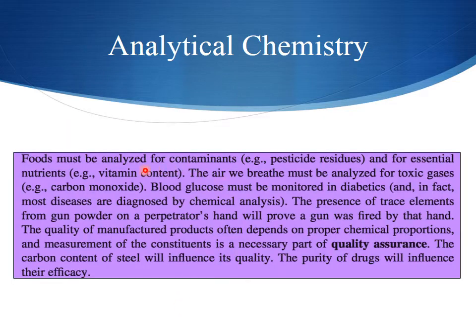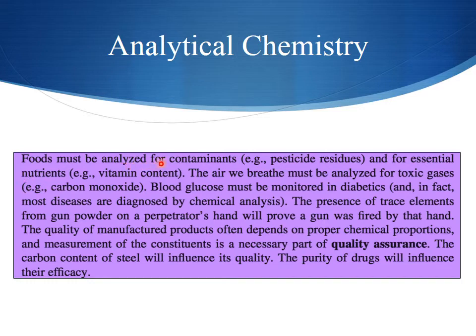Analytical chemistry finds its application in food as well as in pesticides, in biological analysis, like the monitoring of blood glucose level in diabetic persons, and it also has importance in forensic analysis.